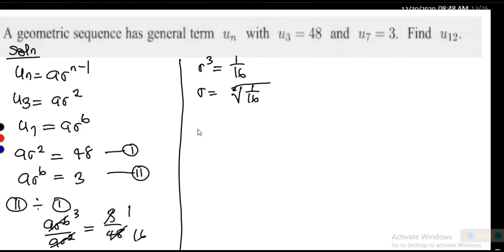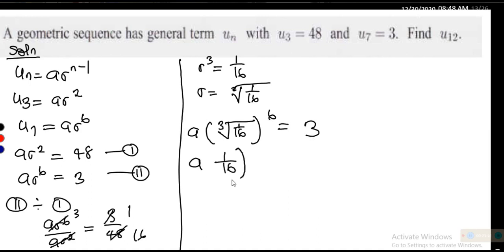Let's take a. Using equation 2, we have a times the cube root of 1 over 16, raised to power 6, equals 3. And of course this is 1 over 16 raised to power 1 over 3 times 6 over 1, equals 3.